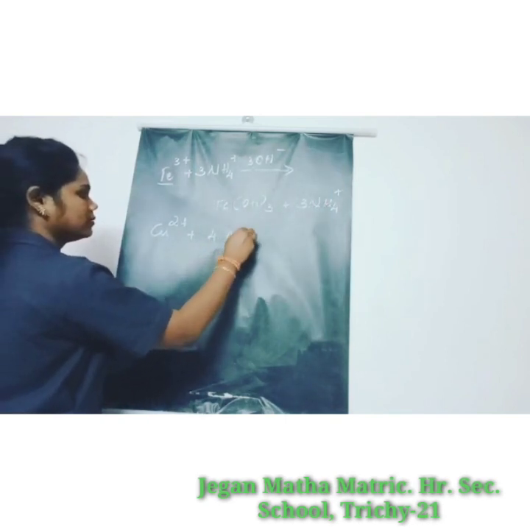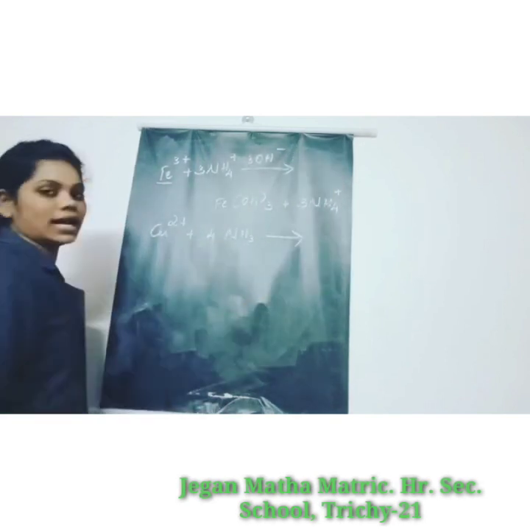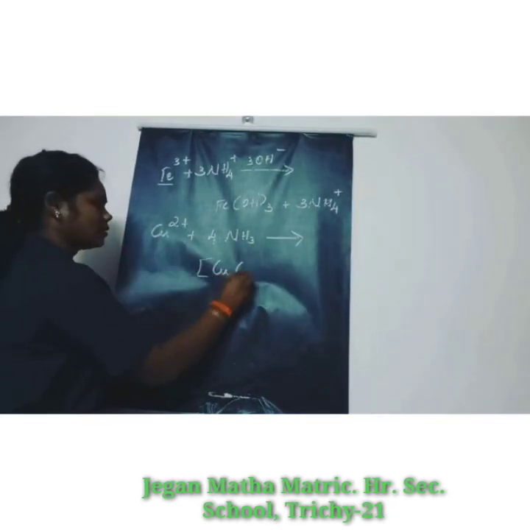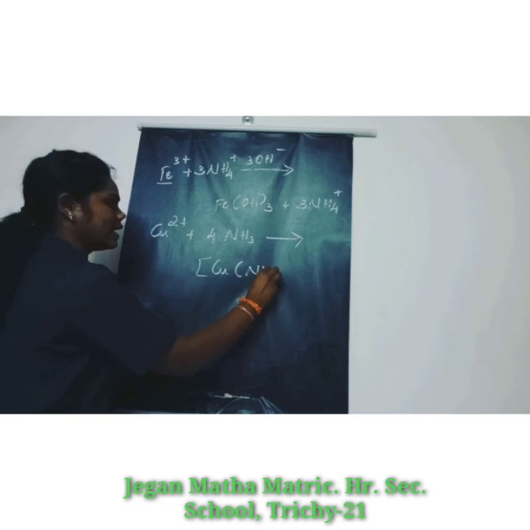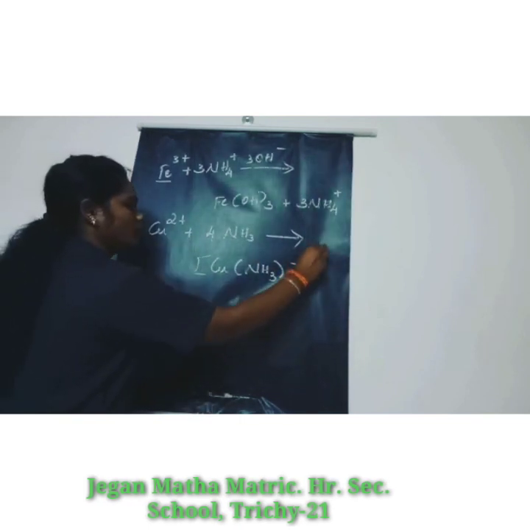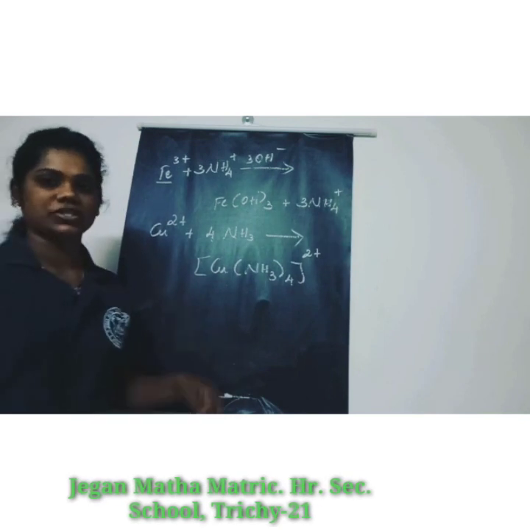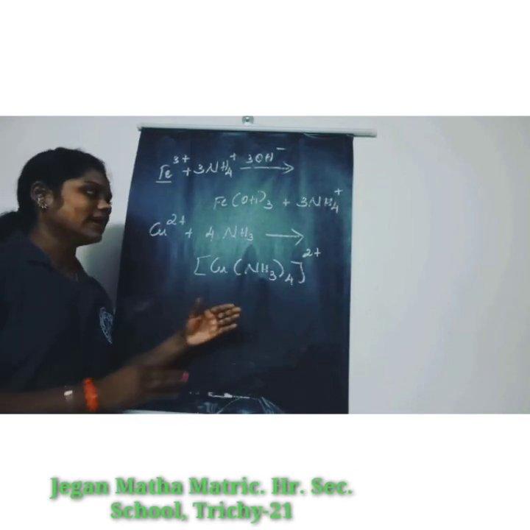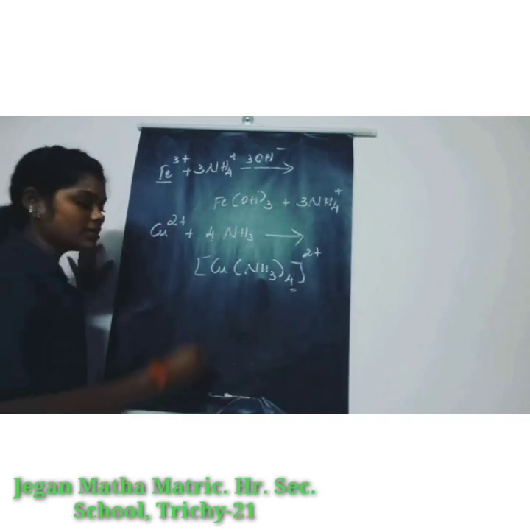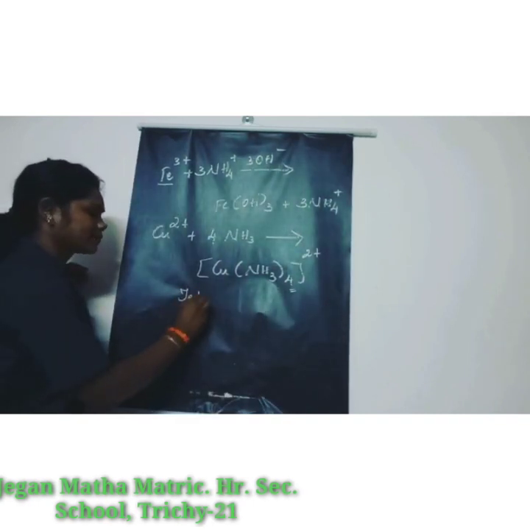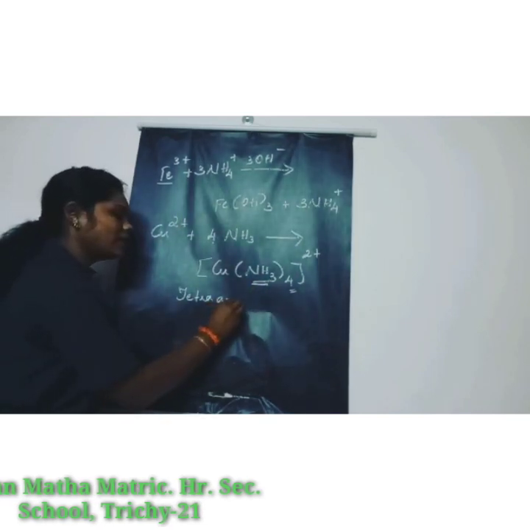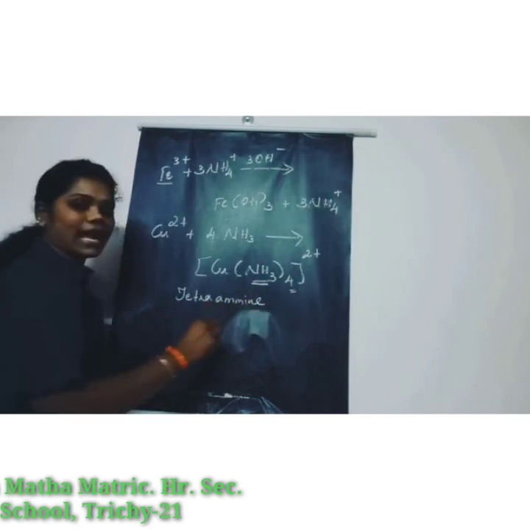The next equation is copper 2 plus, which is reacted with 4 times ammonia. So it gives one of the coordination complexes, that is Cu(NH3)4 2 plus. So this is one of the coordination complexes. The 4 represents tetra, and ammine is spelled AMMINE, not AMINE.